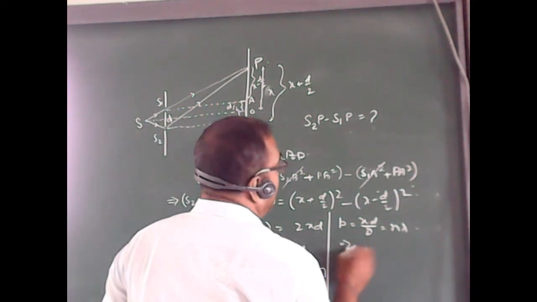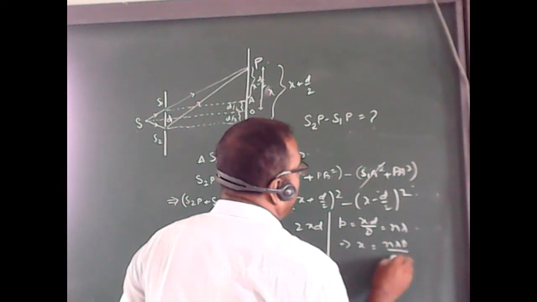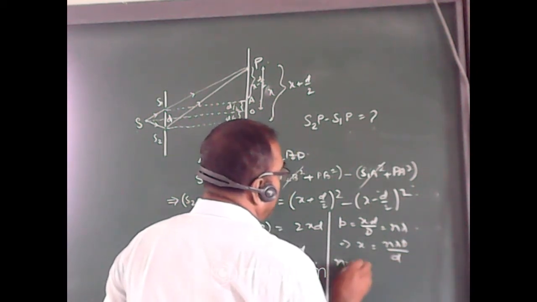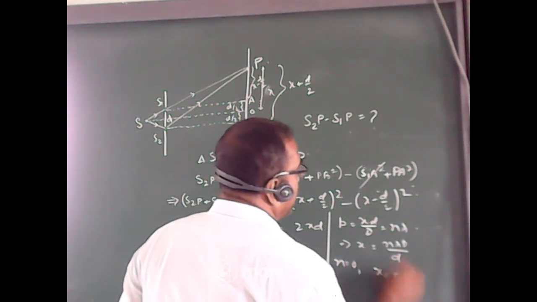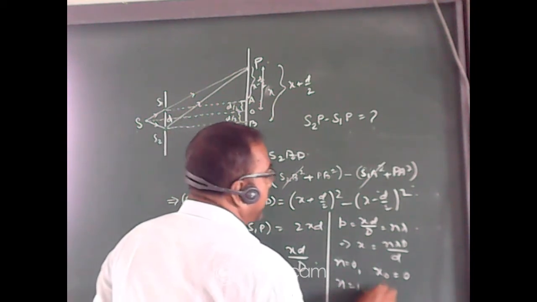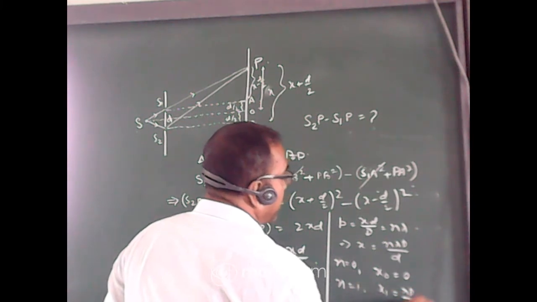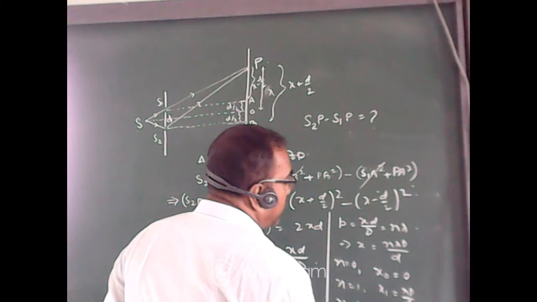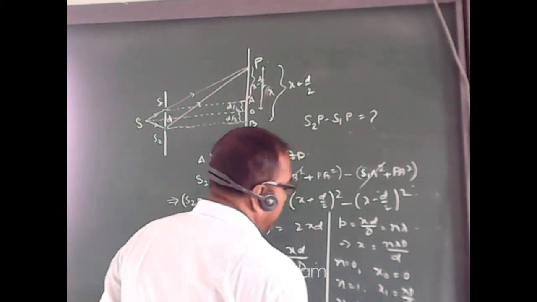What will be the value of x? x equals n lambda capital D by small d. When n equals 0, central, x0 equals 0. When n equals 1, x1 equals lambda D by d. When n equals 2, x2 equals 2 lambda D by d, and so on.